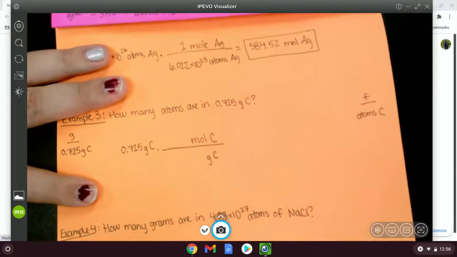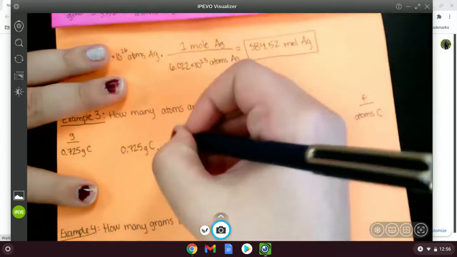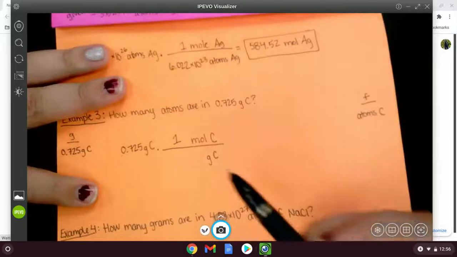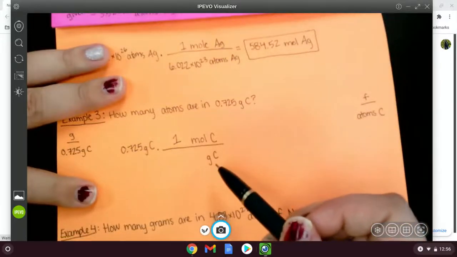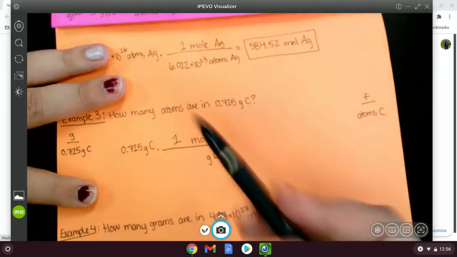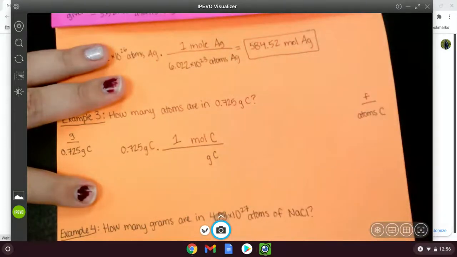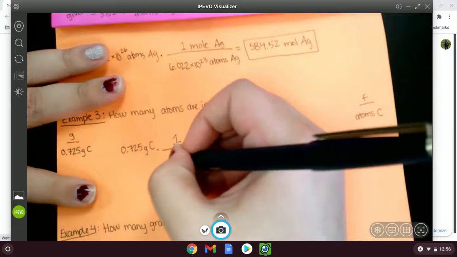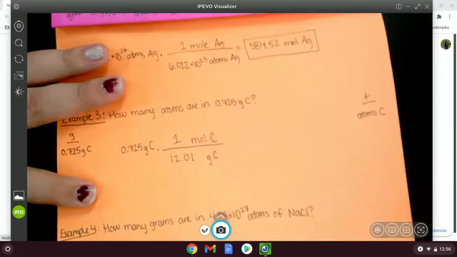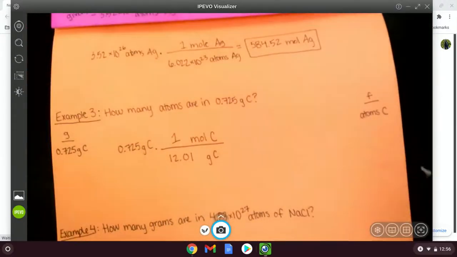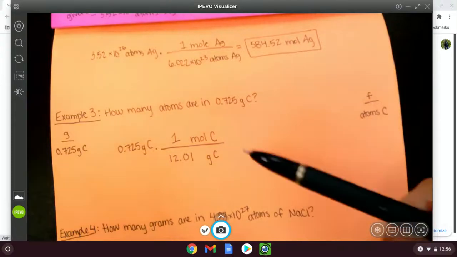For right now, what number always goes with mole? Check your conversion factors. That would be a 1. The grams of carbon, since we're given a pure element, we need to plug in the atomic mass. The atomic mass of carbon from your periodic table is 12.01. If this was a compound, we would need to calculate the molar mass, but we got an easy one today.